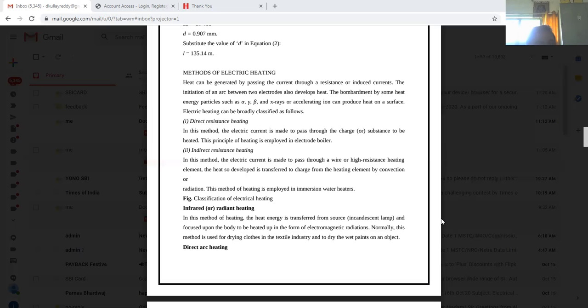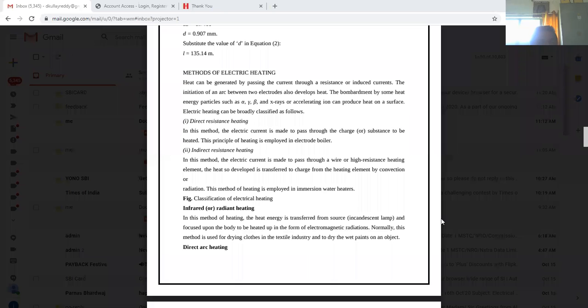Last class I already discussed the three processes: conduction, convection and radiation. In an electric heater, when current is passed through the heater, heat is transferred to the water by one of these processes, and then the water is heated.